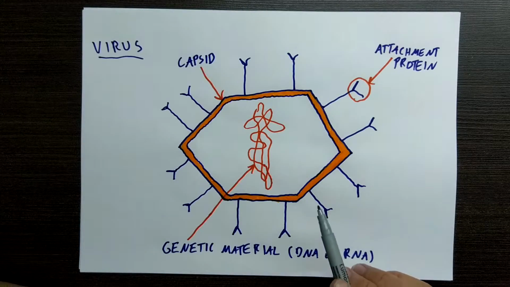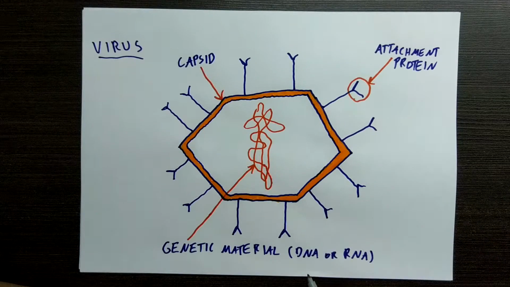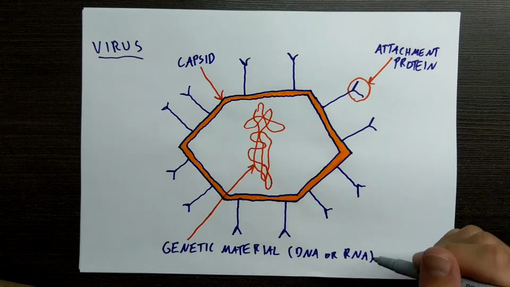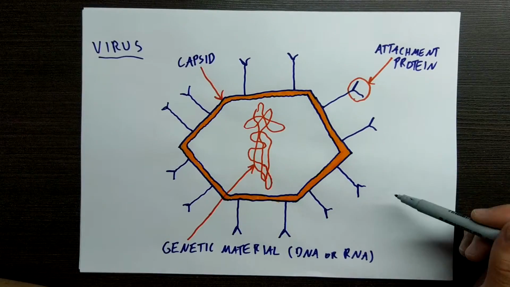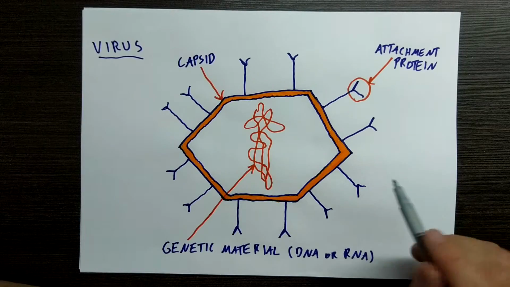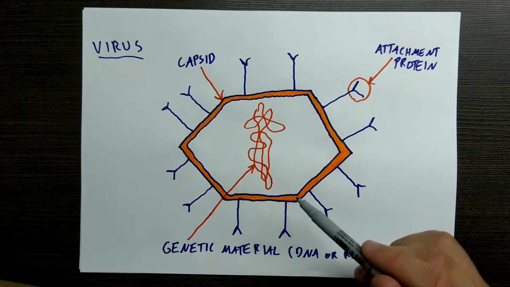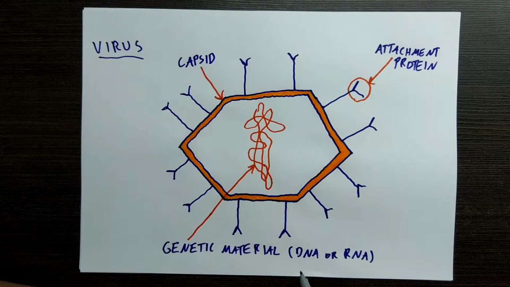And unlike eukaryotic and prokaryotic cells, that genetic material can be RNA. DNA is what eukaryotic cells and prokaryotic cells have. It's a double-stranded genetic molecule, nucleic acids that are double-stranded and form bases, whereas RNA is single-stranded. Some viruses still have DNA, but some can have RNA. And the viruses that have RNA are called retroviruses.